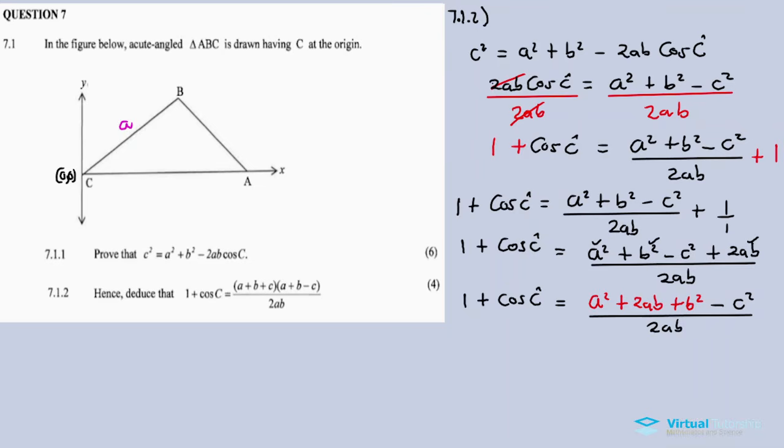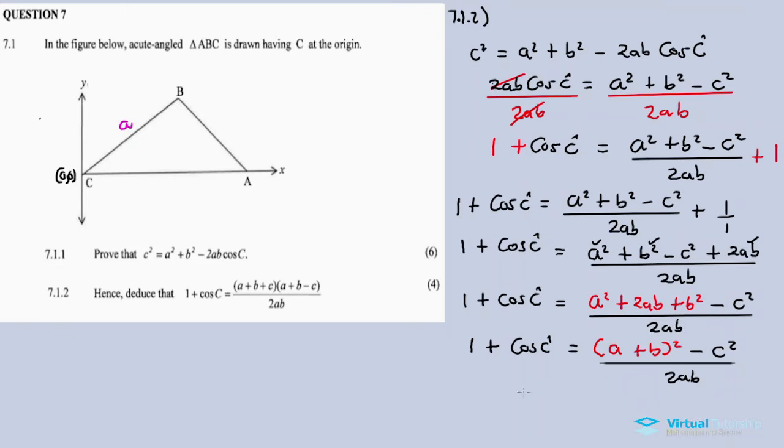So by factorizing the trinomial, I end up with a plus b in brackets squared. Now I should come back to this point. This is factorization we learned in grade 10. So this should be familiar now, right? This thing must be familiar.